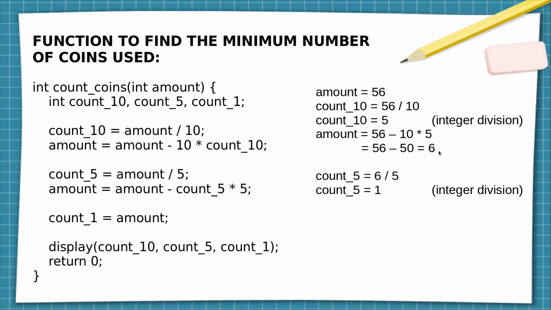Now the number of coins of denomination 5 we will be using to pay the remaining amount, which is 6, is 1, and the remaining amount which we have to pay using coins of denomination 1 is only 1. So the number of coins of denomination 1 used is 1. I hope now you fully understand how this function works.